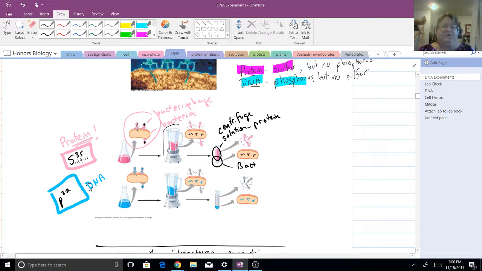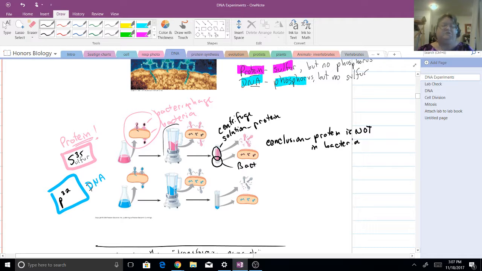Now, because the protein has been labeled with this isotope, we can tell that the protein has not been injected. So the conclusion of this first batch is that the protein is not in the bacteria.